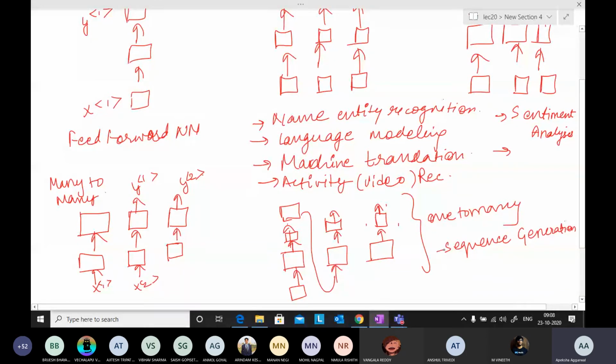So we have an empty set, we give just one value as input, one seed value as input, and it will generate some predicted y, and that predicted y I will give as the next input, and it will give me some predicted y, then that predicted y I will give as the next input. So sequence generation is also an example of one to many.